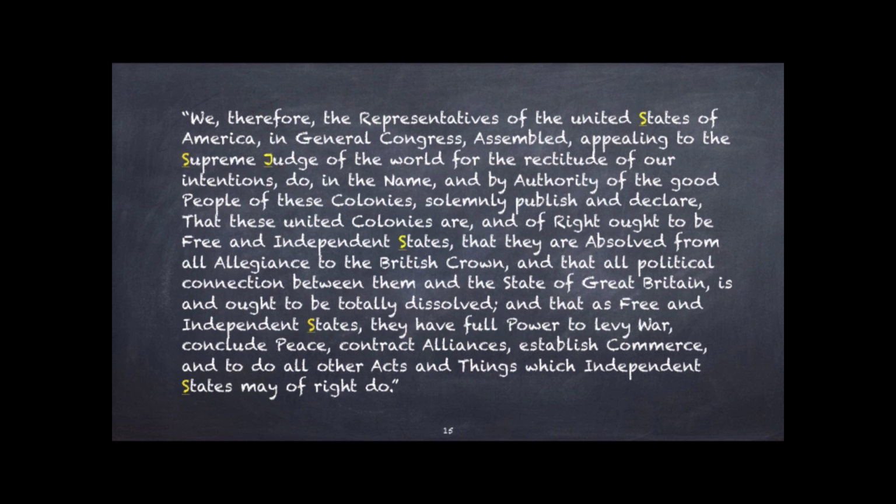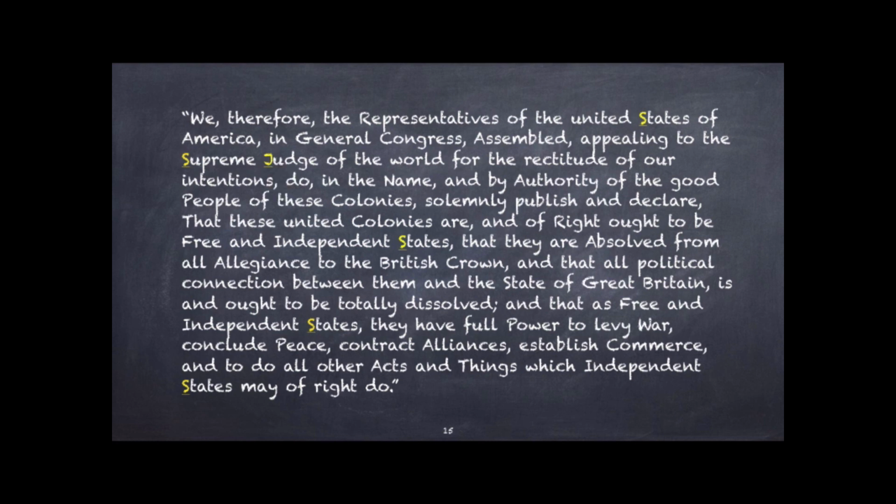Here's the declaration. These united colonies are, and of right, capital R, which indicates what? Natural right, ought to be free and independent states. That they are absolved from all connections between them and the state of Great Britain.